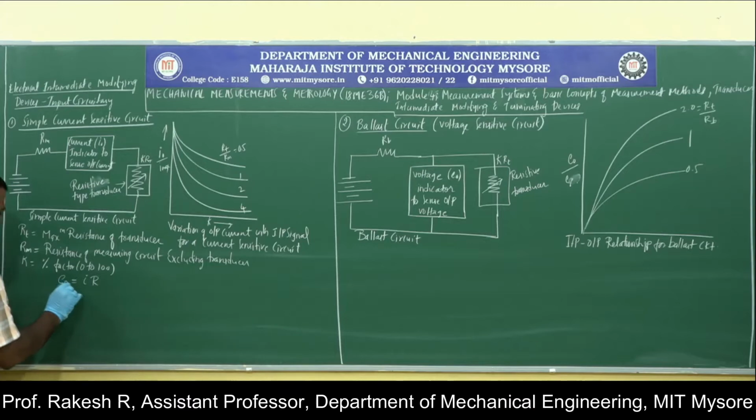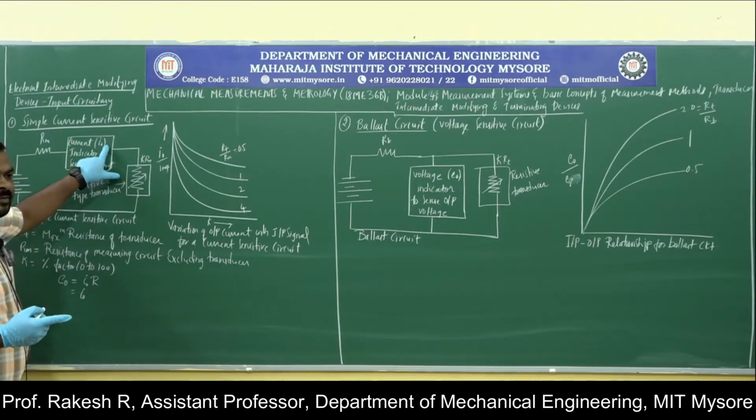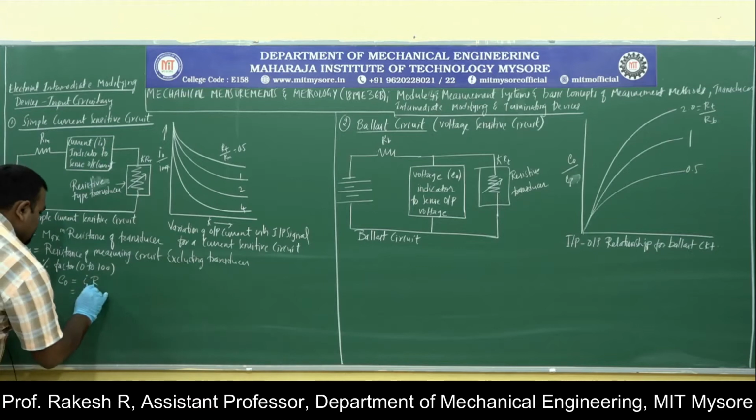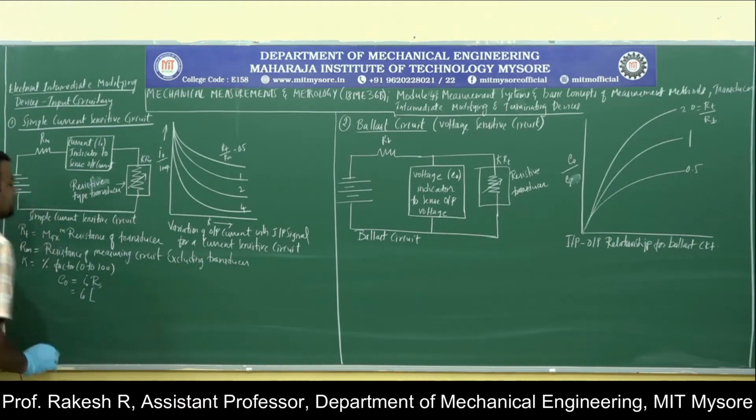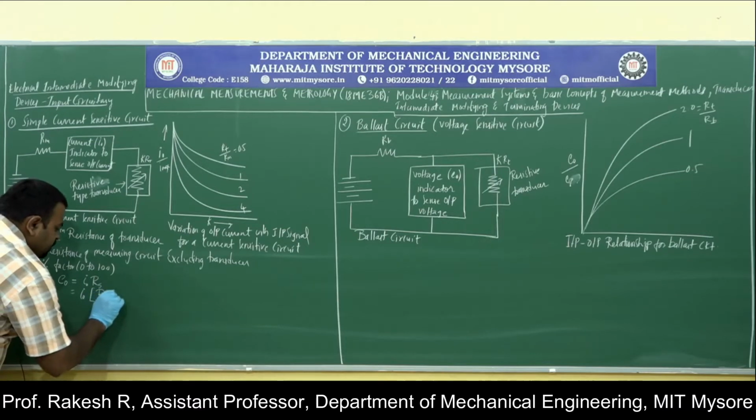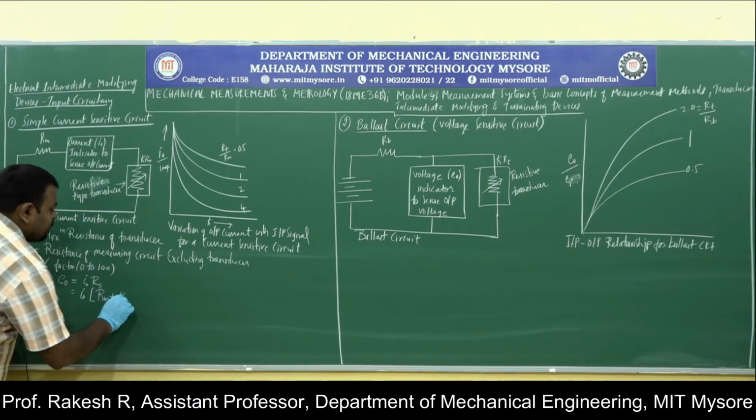Since they are in series, I will take this as I0, the measuring current. The variable is the current because it is a current sensitive circuit. So the equivalent resistance in series is Rm plus K into RT.